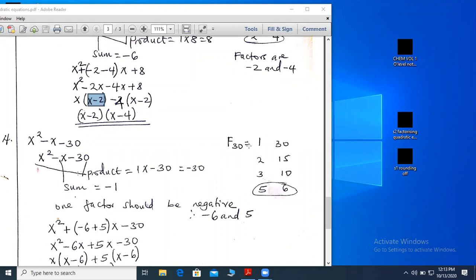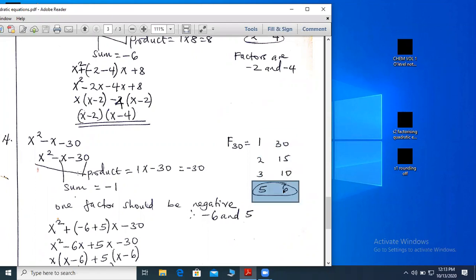So factors of 30, when I write them, there is 1 which goes with 30. There is 2 which goes with 15. There is 3 which goes with 10. 5 goes with 6. So you find which of these two, when you make one a negative and you add them, is likely to give you a sum of negative 1? And the answer is here. It is 5 and 6.